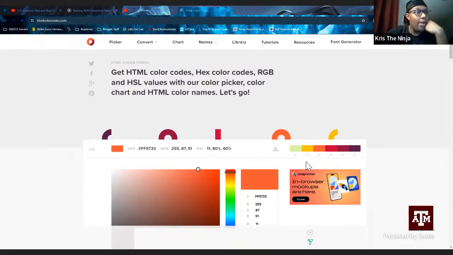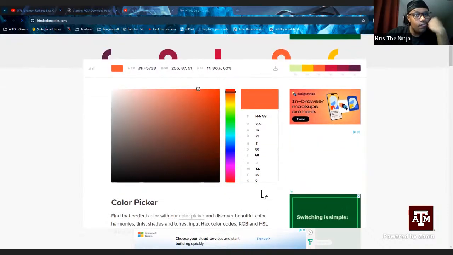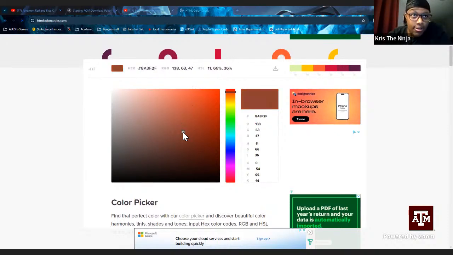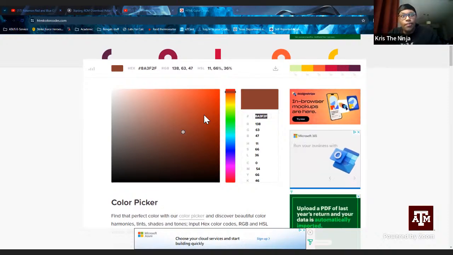You've seen it before. Whenever you want to pick a custom color for something, like in a Microsoft project, you drag this around and you see the number here changing. That's a hex code.